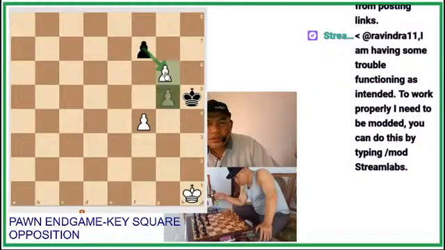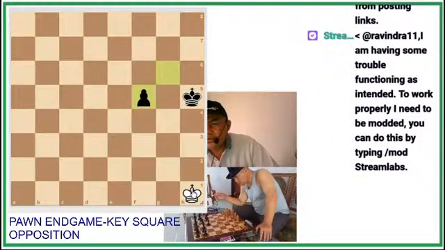So after this move, if black goes here and here, this is losing for white. So the only move for white is to go here. In this position, if black goes here, then white has the opposition.